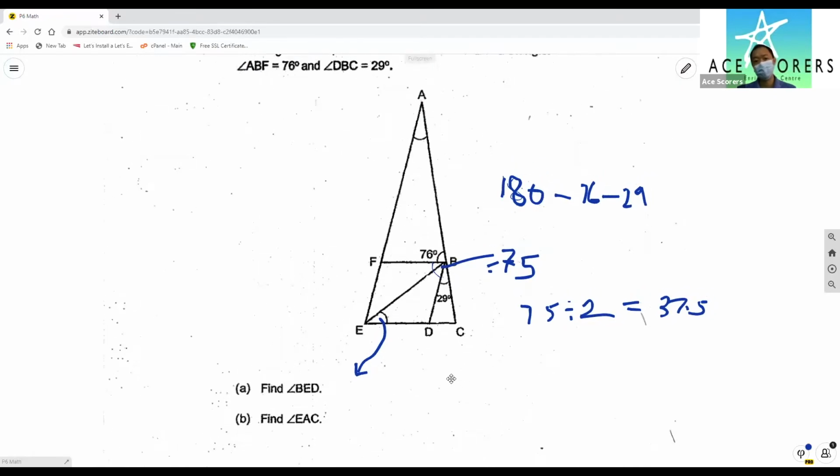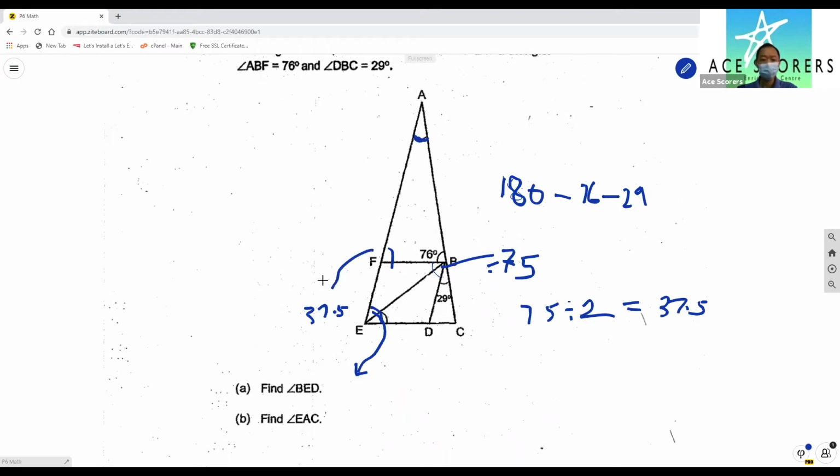Next, EAC. EAC is the angle at the top. You understand? Because we have this, here is 37.5, right? What is this angle?